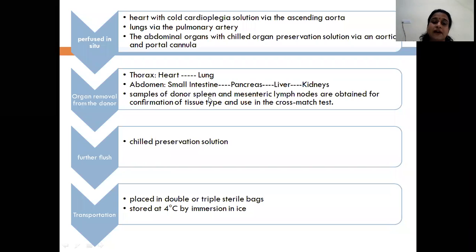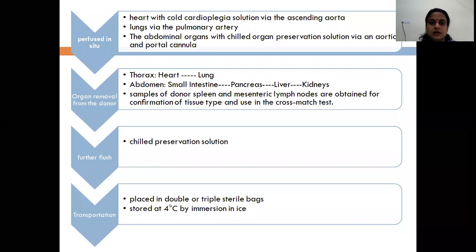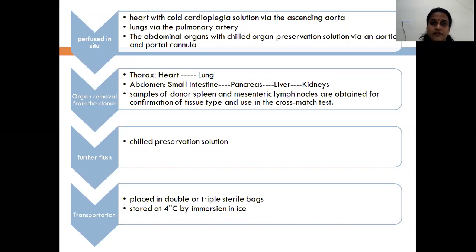After you remove all these organs, samples of donor spleen and mesenteric lymph nodes are removed to confirm the tissue typing. I told you there is a tissue typing laboratory also, for HLA. If it is an elective donor, definitely the HLA is matched. The HLA pool is generated by PCR based DNA typing, which helps in getting the HLA antigen pool of any donor.